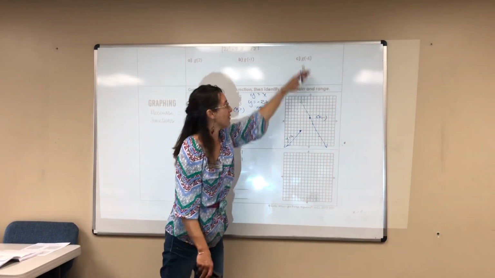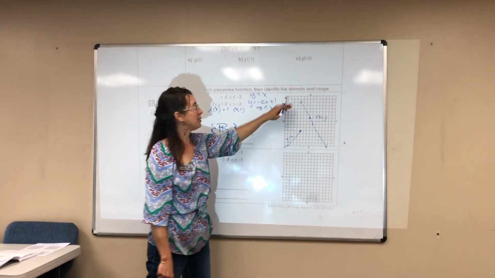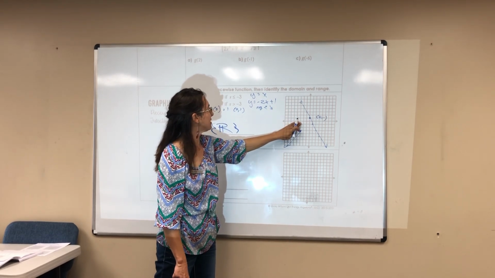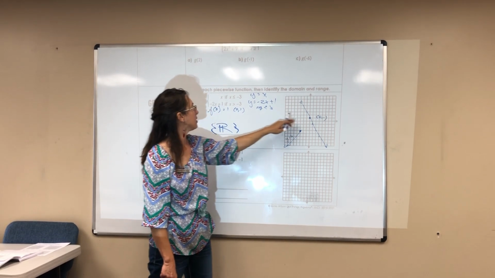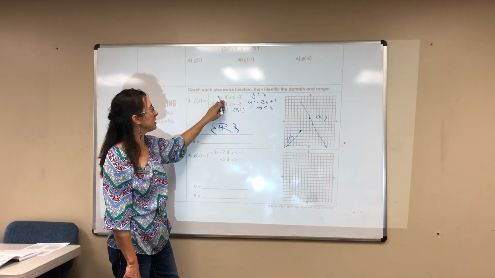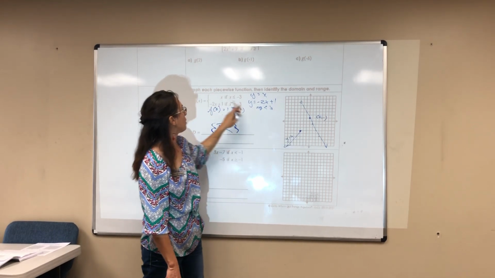Do I use everything on my y? Do I use anything above when x is negative 3, when it's equal to it, y is, well, we'd have to go, right?